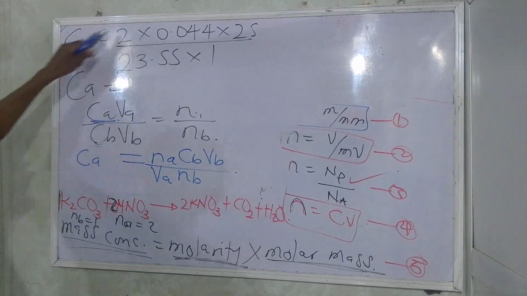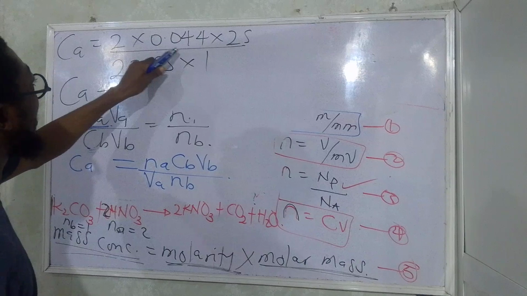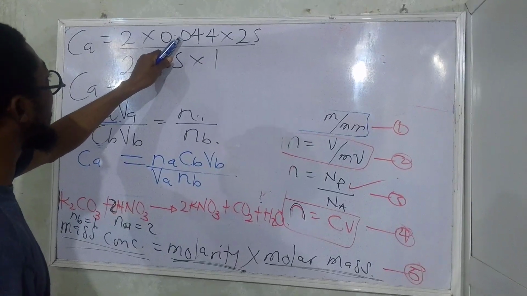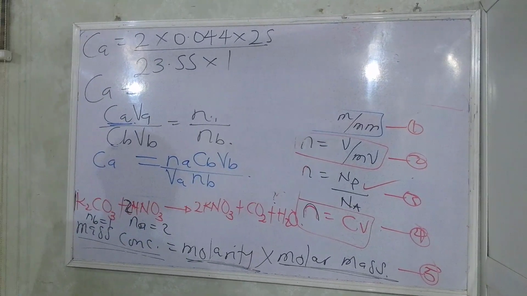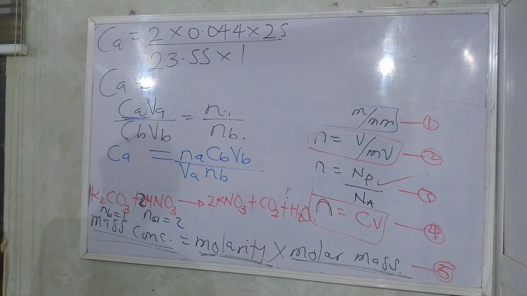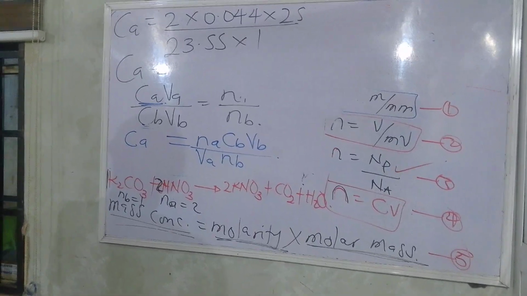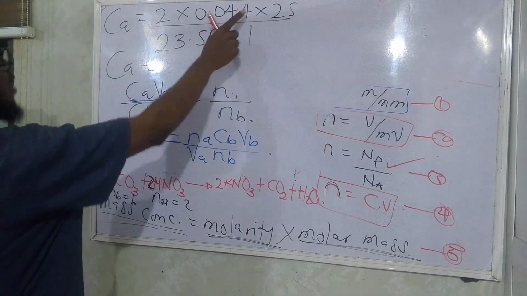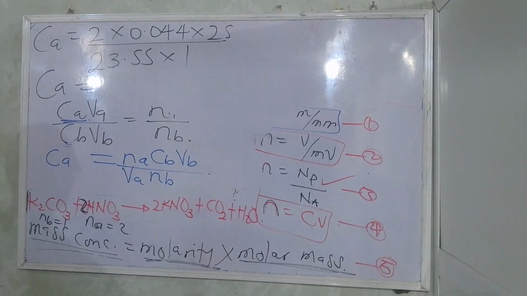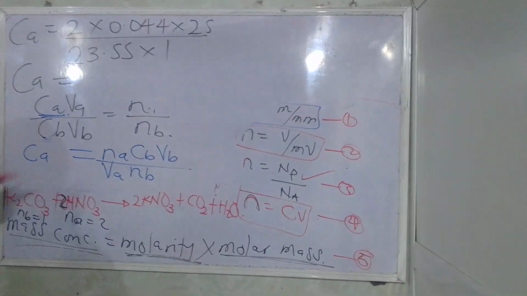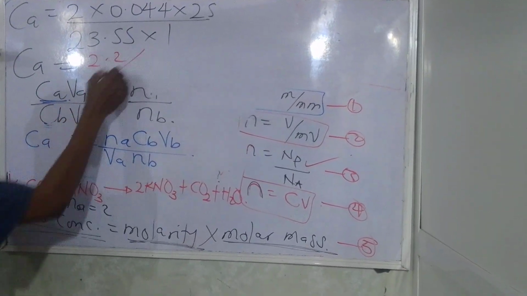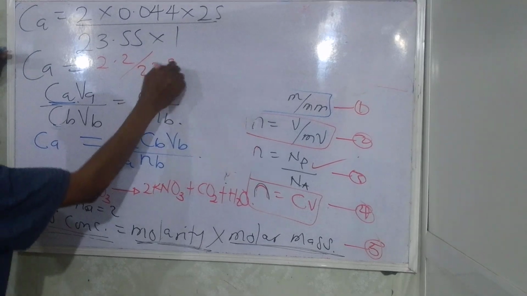Please let me punch this. 2 times 0.044 times 25. That's 2.2. Okay, that's 2.2 divided by 23.55.